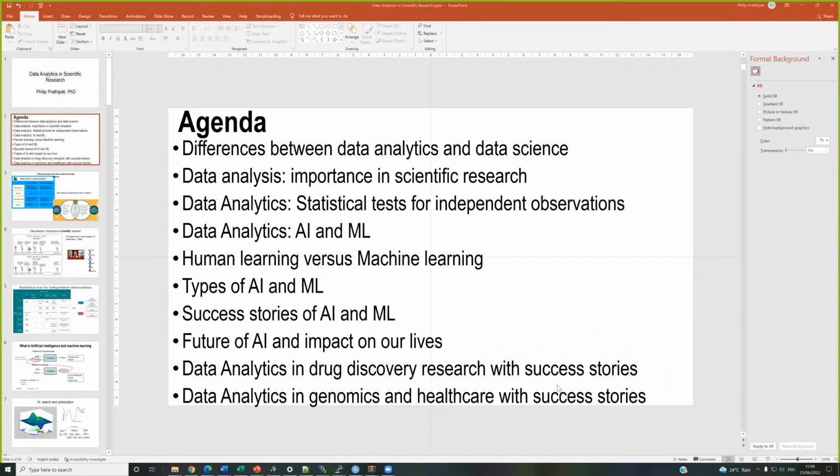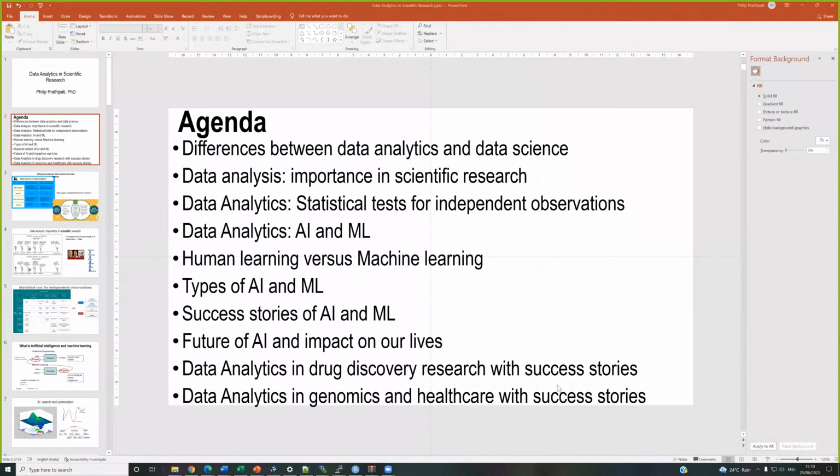I think some of you already know there's a field called CAD, where computational methods which use many of these data analytical tools or algorithms like machine learning methods have been very successfully used for discovering new drugs or analyzing drug discovery data.